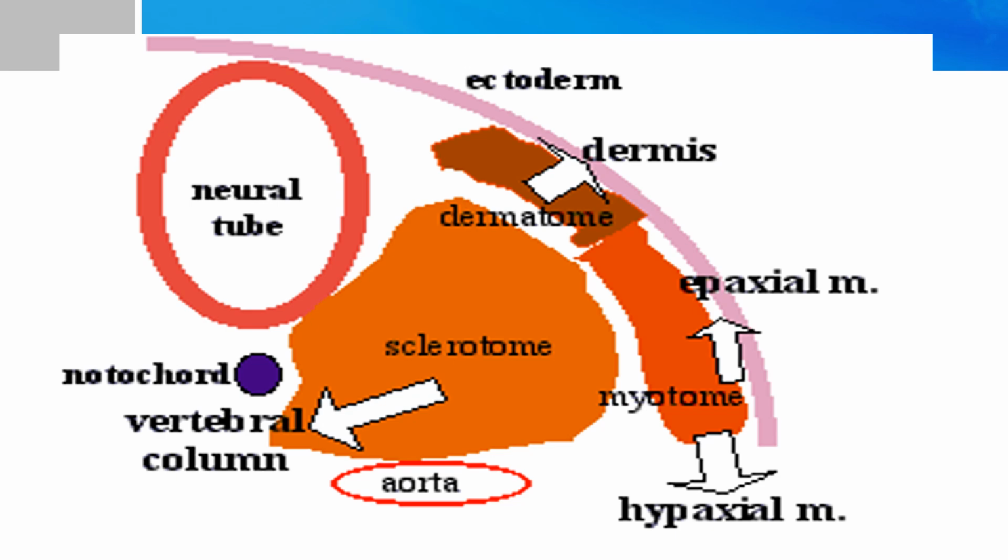The sclerotome migrates around the notochord and the neural tube, so that it will form the primitive vertebrae around the neural tube. The dermomyotome will give rise to muscle and the dermis of the skin.